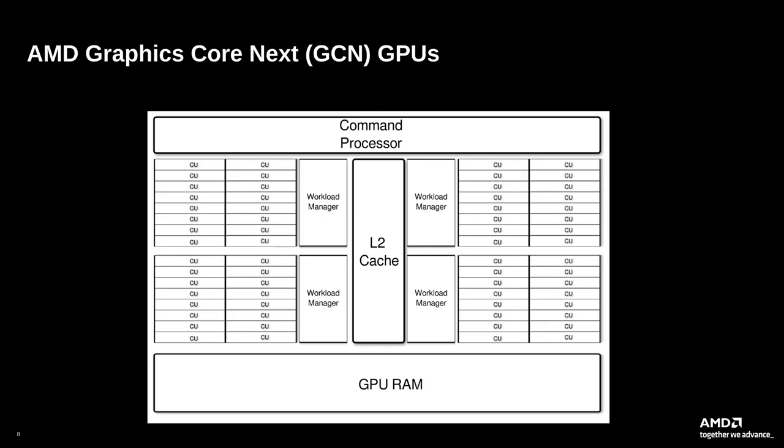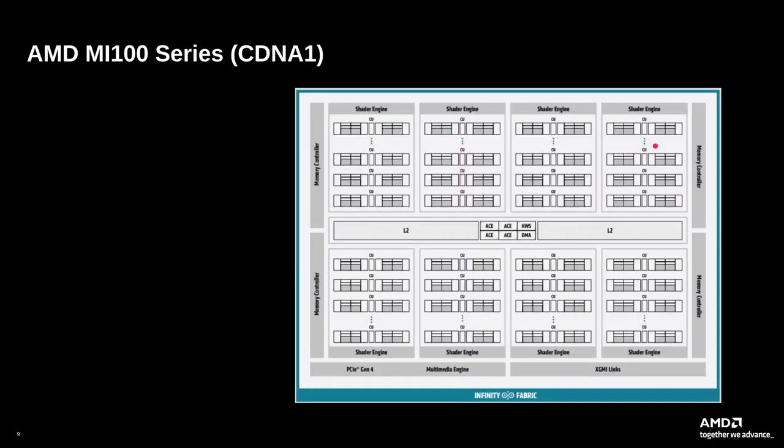So now we'll take a look at a specific block diagram for the CDNA1, which is the MI100 series GPUs. So here what we're looking at is a block diagram of AMD's MI100 GPU. The MI100 GPU is connected to the host through a PCIe 4 interface, which provides 32 gigabytes per second one-way bandwidth.